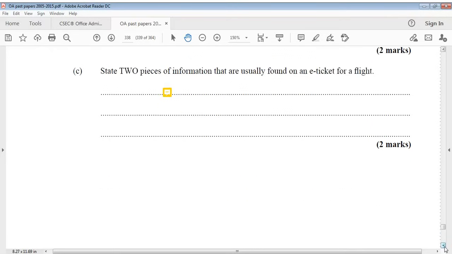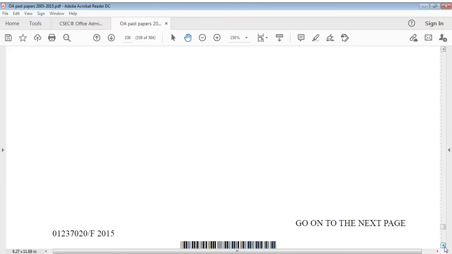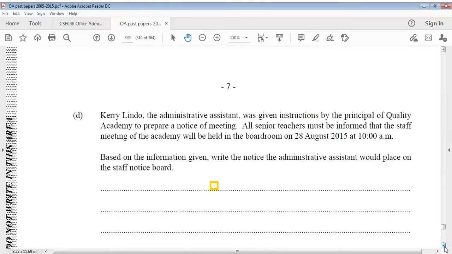So let's move on to number 3D. It says, Carrie Lindo, the administrative assistant, was given instructions by the principal of Quality Academy to prepare a notice of meeting.